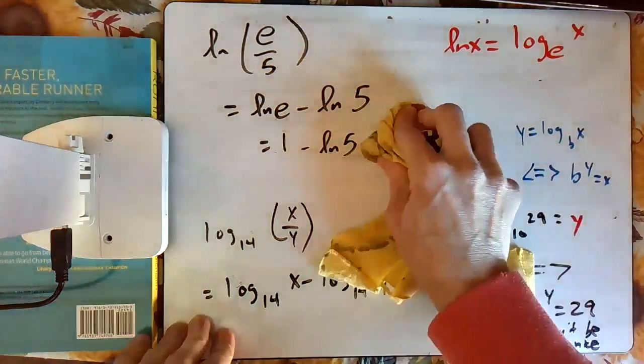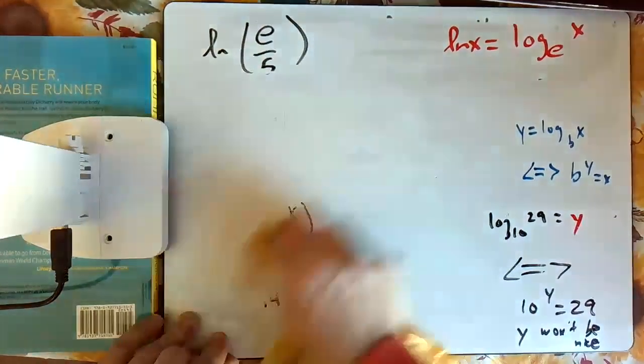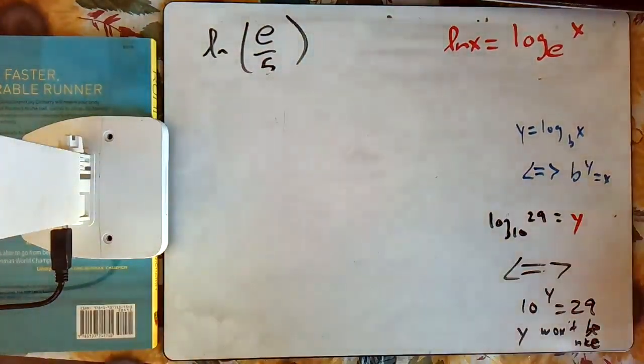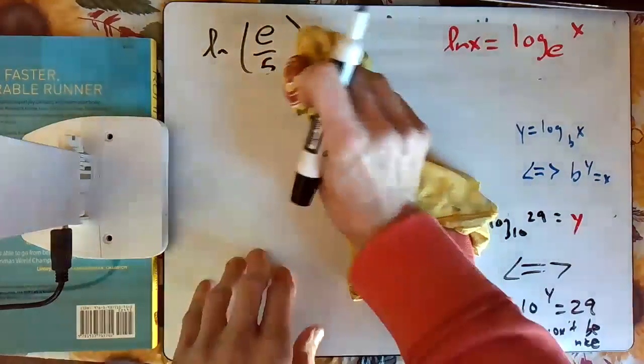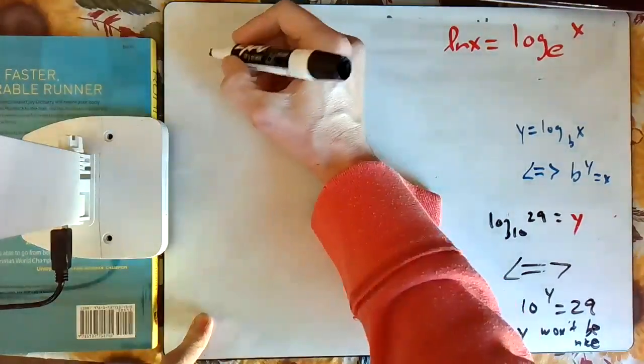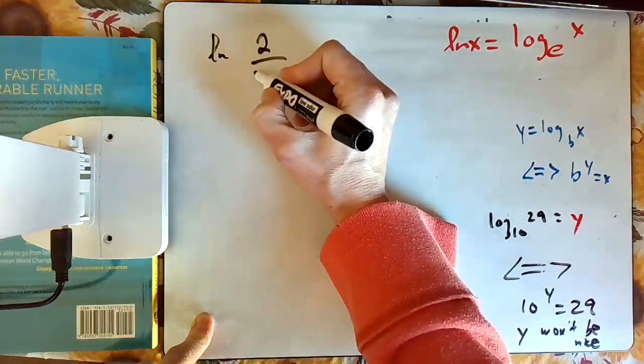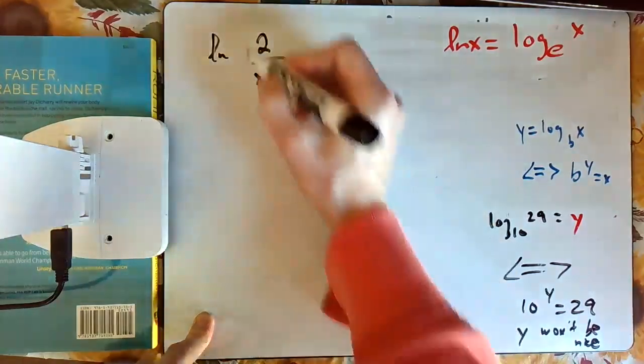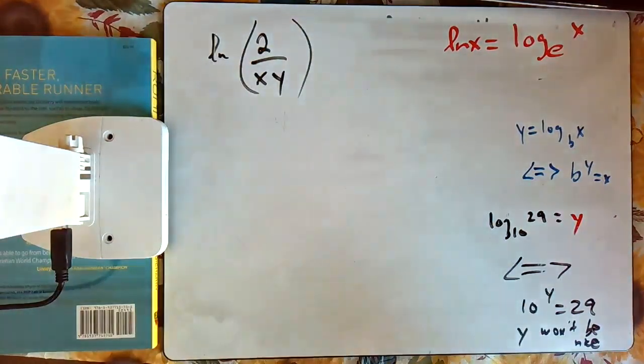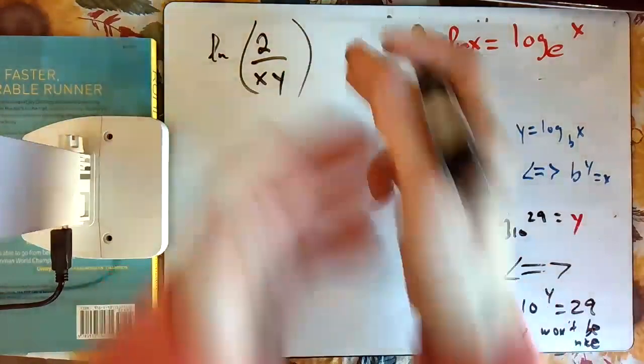What if I had something like this? What if we're dividing multiple things, right? Like, what if we have natural log of 2 over x, y, like that, right? Just like with the multiplication when we had 3 things before. What if we're dividing multiple things?